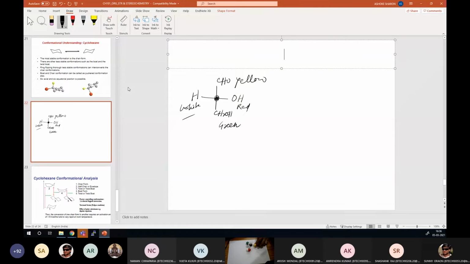Can you tell me, this structure, whatever is on paper, is it R or S? Is that R or S? We must know the priority. So what is the OH priority?